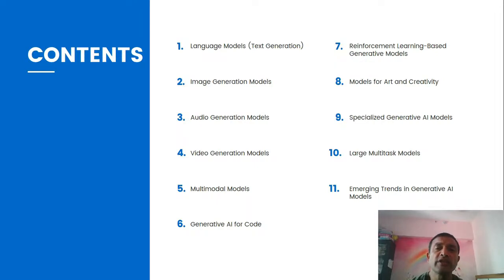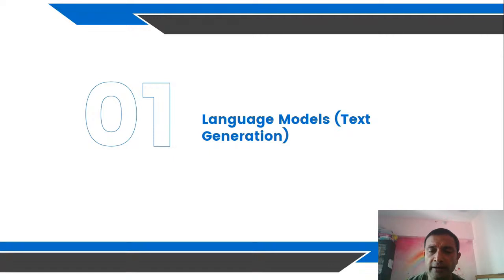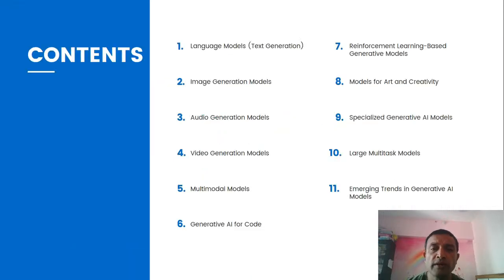Image generation: there are different types of images, 2D images, 3D images, and based on your input you can use different image generation models. Also you will hear about audio generation, like Suno.ai. There are other speech apps or services, text-to-speech, that also come under audio generation models.